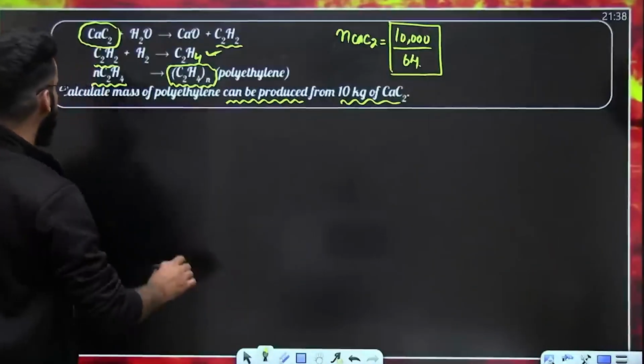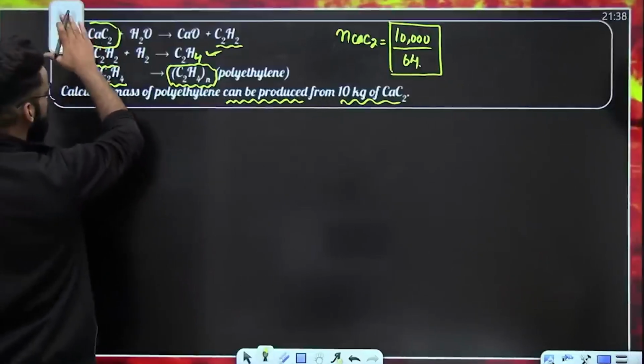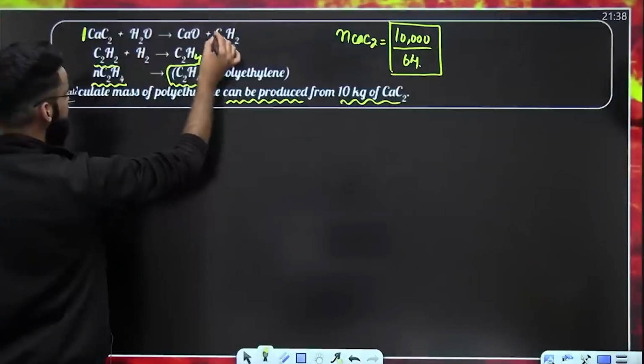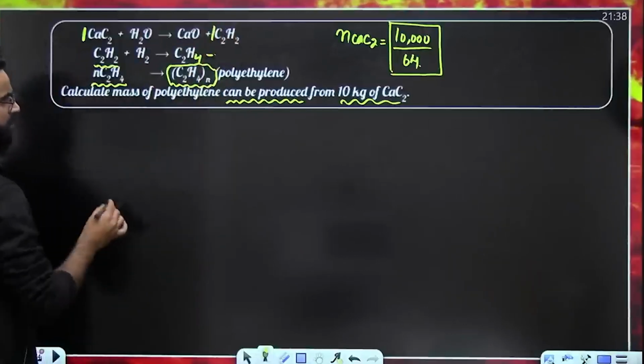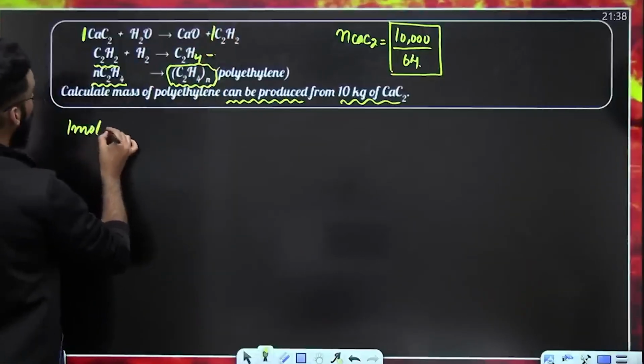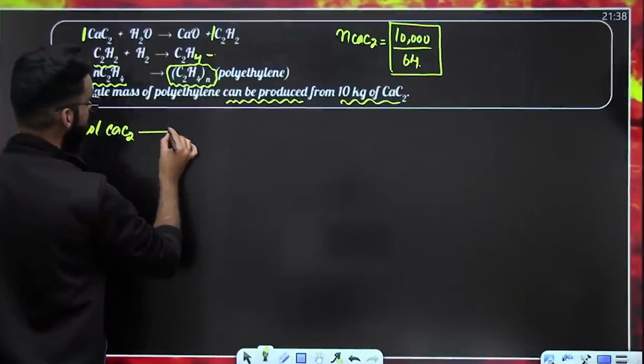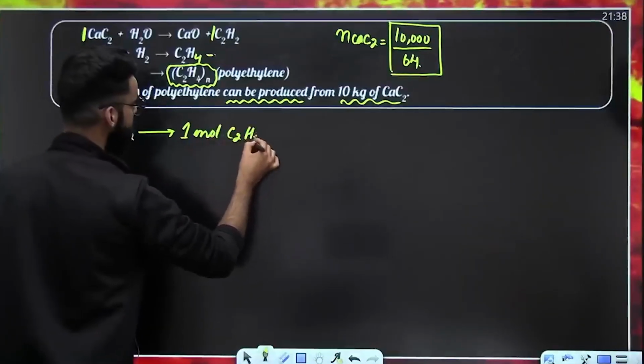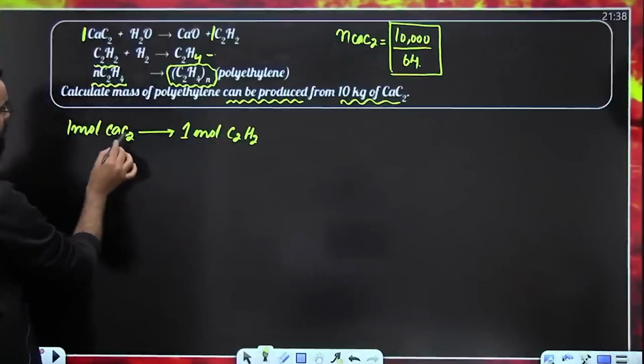All right, have a look. From the stoichiometry of the first reaction, can I say 1 mole of CaC2 gives 1 mole of C2H2?